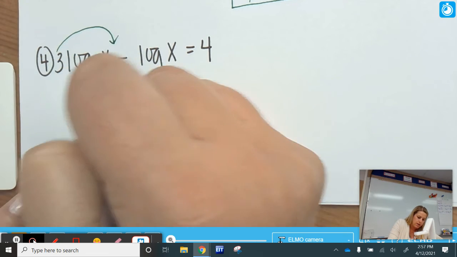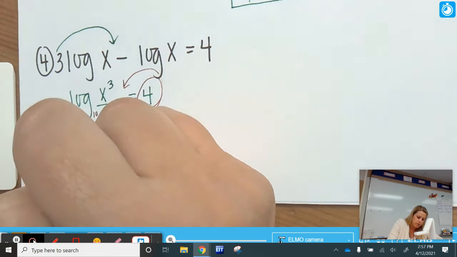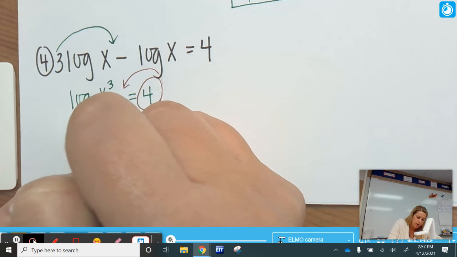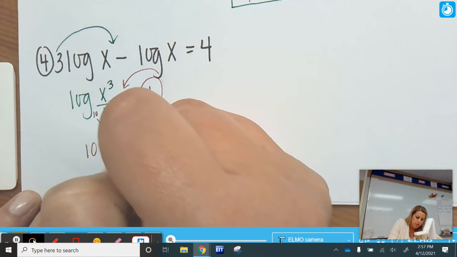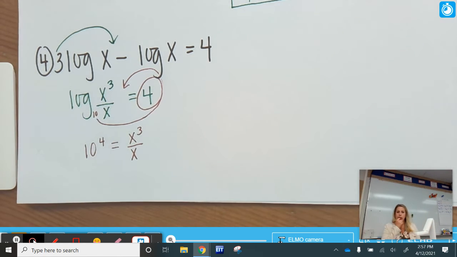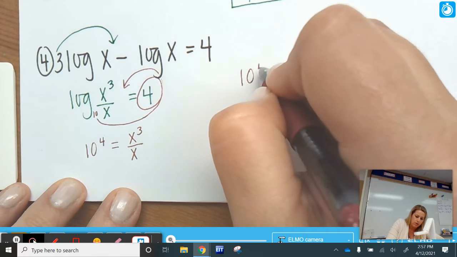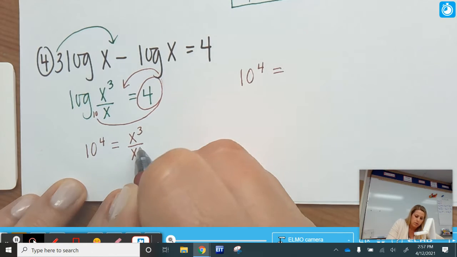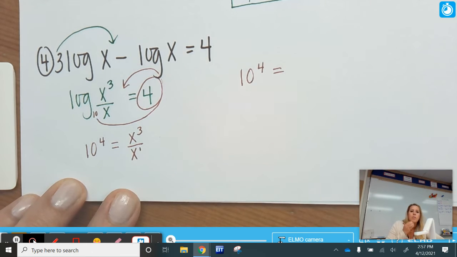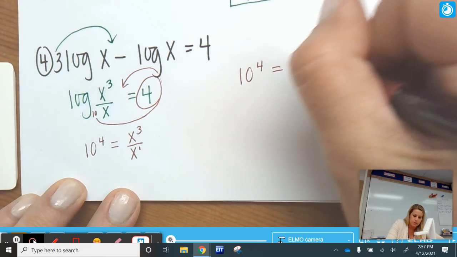So 10 to the fourth power equals x to the third over x. Okay, well, I know that I can simplify my x's here. So I'm going to go ahead and do 10 to the fourth power equals, this is 1, this is a 3. Exponent rules say that I'm allowed to subtract them. So x to the second.